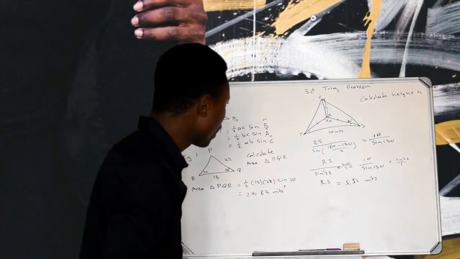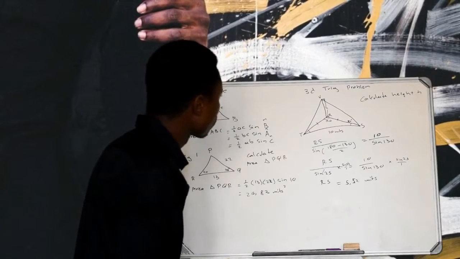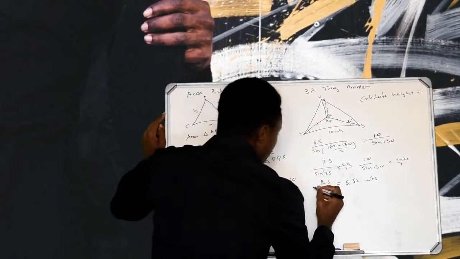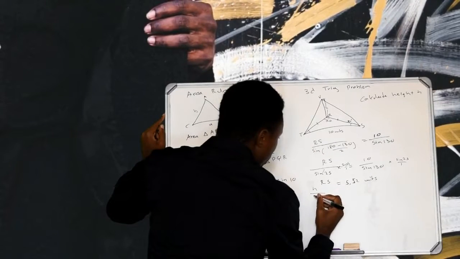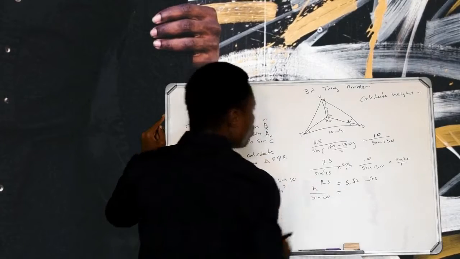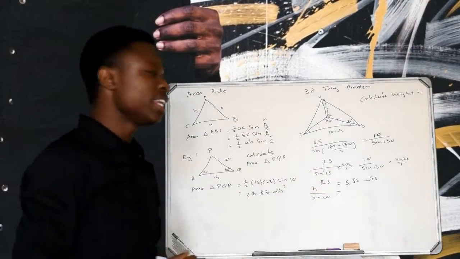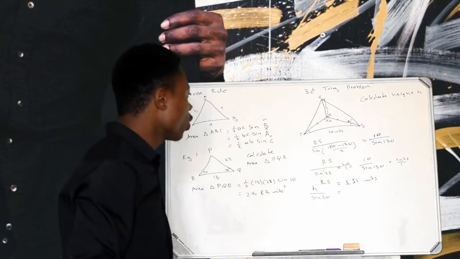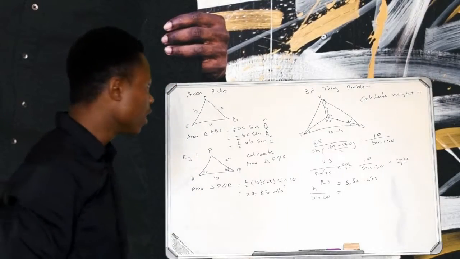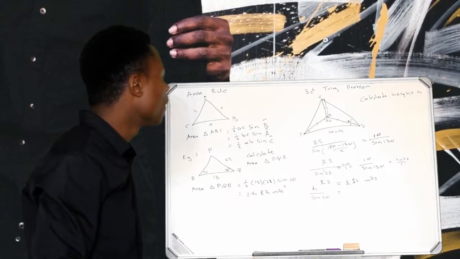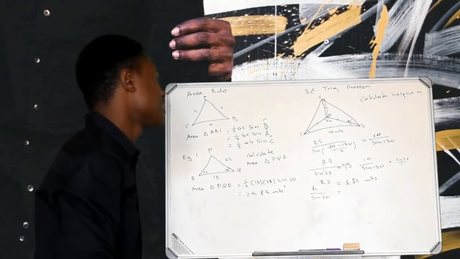So since I'm looking for h, let me just start with h. I'll write h over sine 20, right, is equal to, what other side can I use that I know both sides of? I know the angle and I know the side.